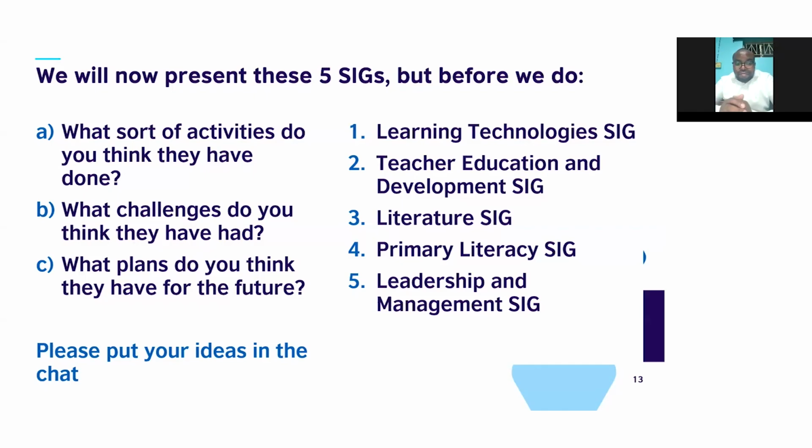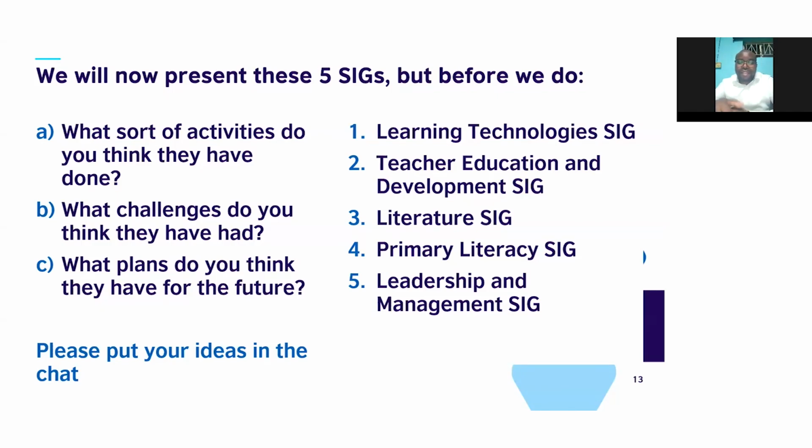And please share a guess of what challenges they may have had and what plans they have for the future. Share your ideas in the chat. Yes, we have newsletters and WhatsApp groups. That's good. Please write a letter, A, B, or C, so that we know what you are suggesting, if it is a challenge, an activity, or a plan.